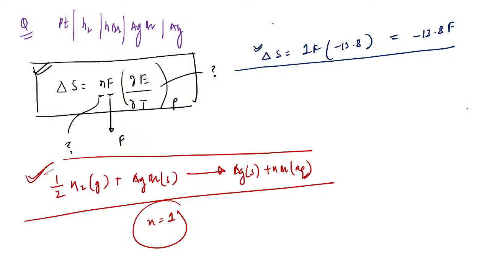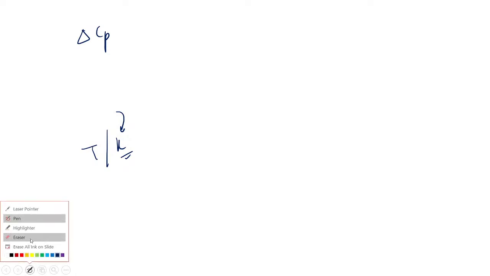Next, what you have to calculate is delta Cp. Yes, T is temperature in kelvins; they have just given you the units of kelvins. Now let's go to calculating your delta Cp. What is the formula for delta Cp?